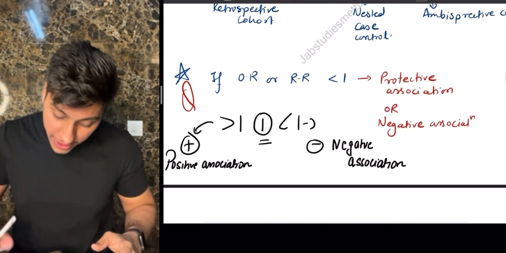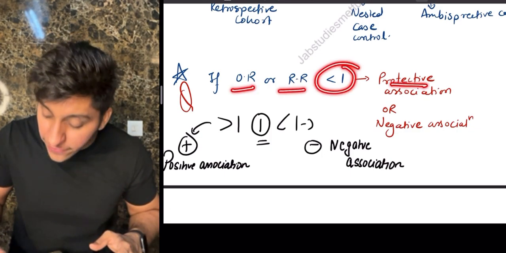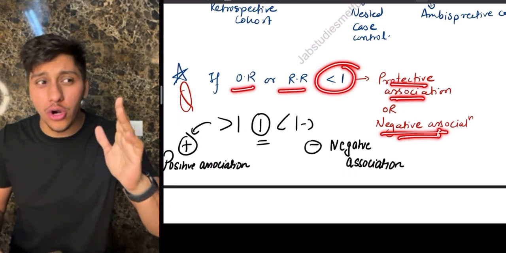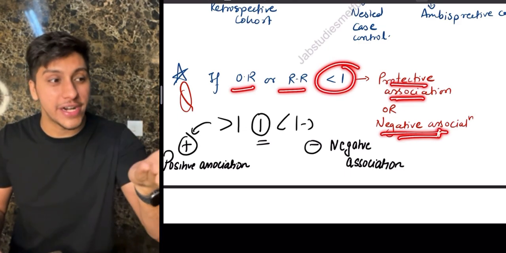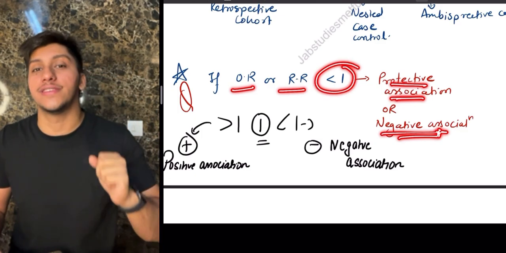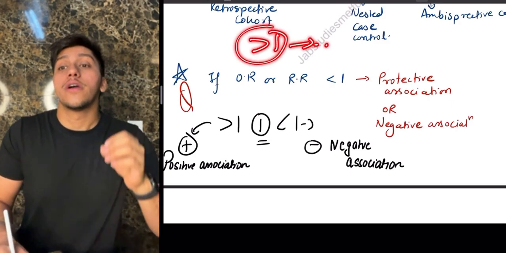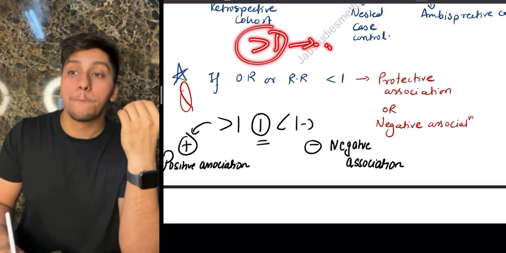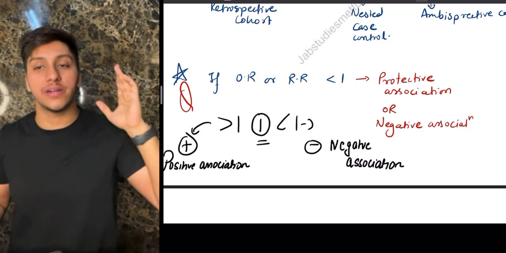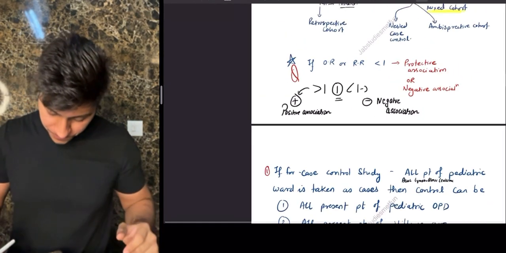So whenever your odds ratio or risk ratio is less than 1, this is a protective or negative association, which means the risk factor you thought was responsible for the disease is actually protecting you from it. While if the value is more than 1, it is a causative or positive association, which means this risk factor is responsible for causing the disease. So remember more than 1 and less than 1.